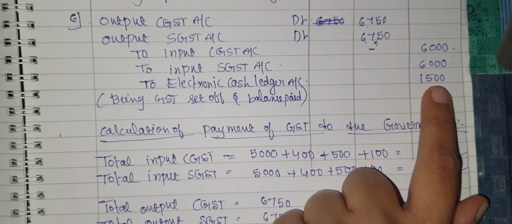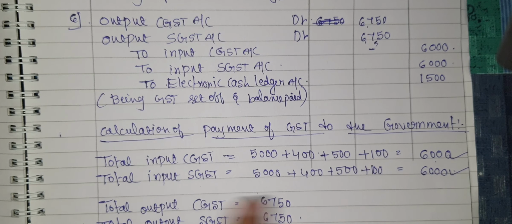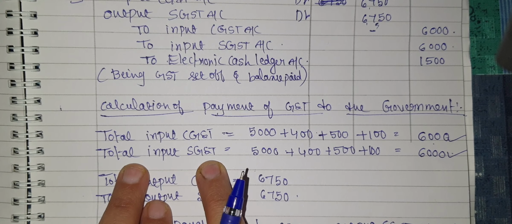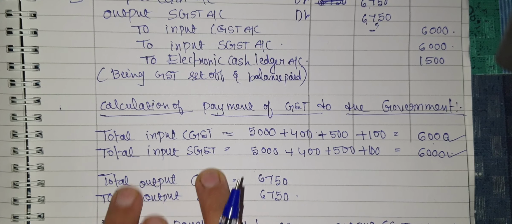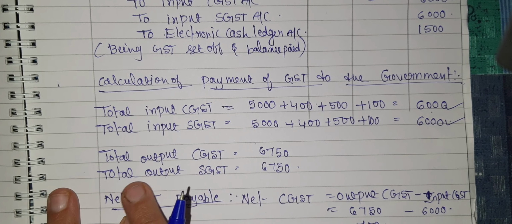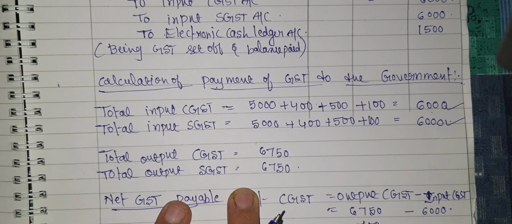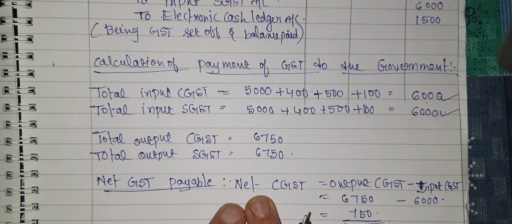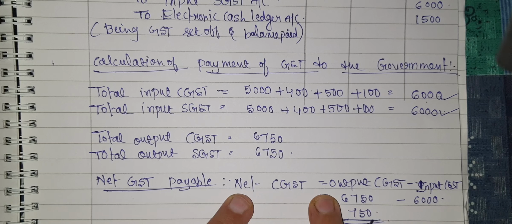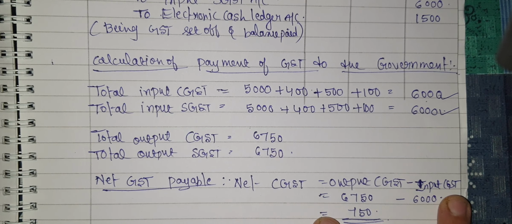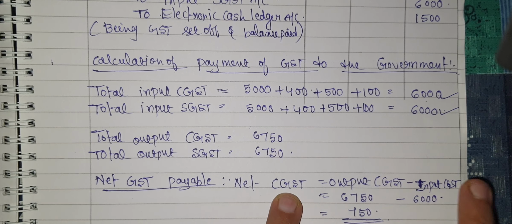How do we calculate the payment of GST to the government? First we calculate the total input CGST and total input SGST. After that we calculate the total output CGST and total output SGST. Now net GST payable: net CGST equals output CGST minus input CGST, then we get the net CGST payable to the government.